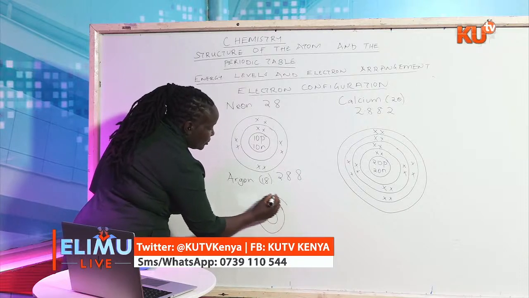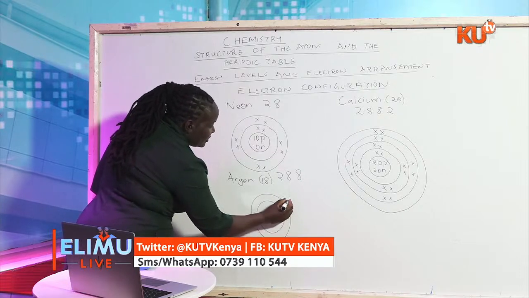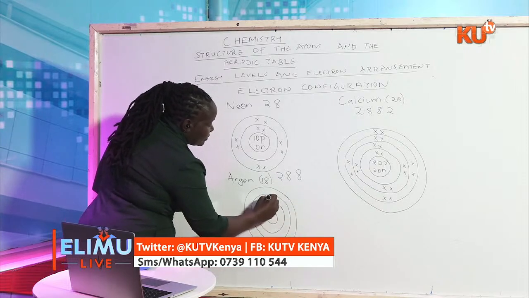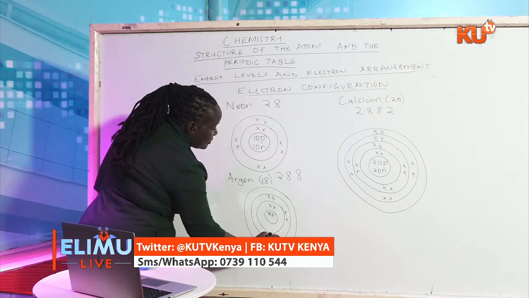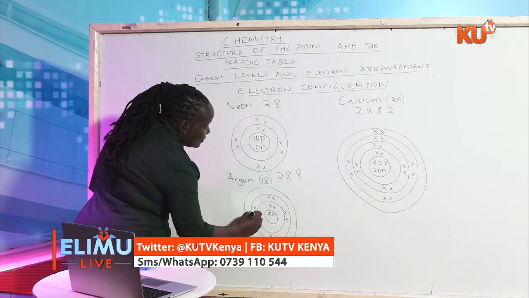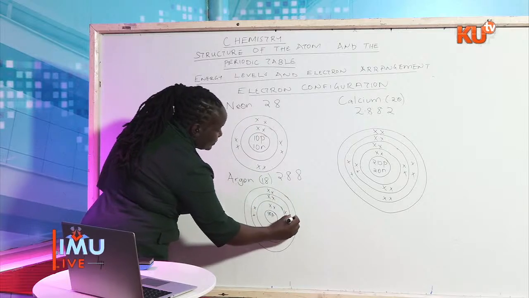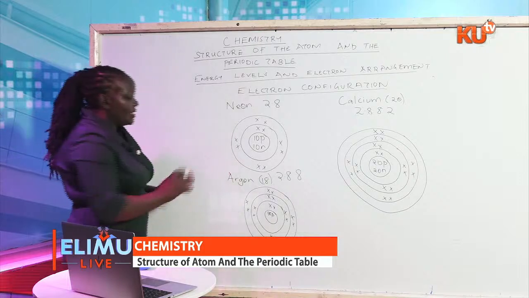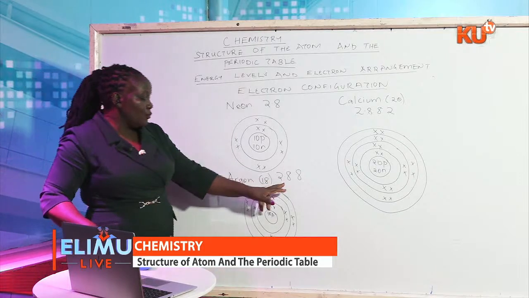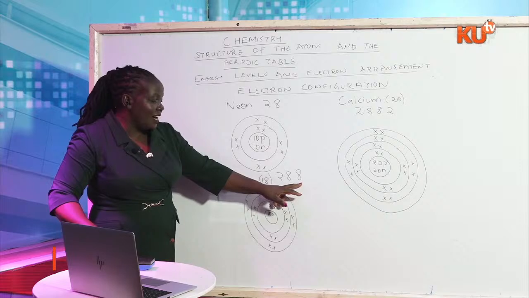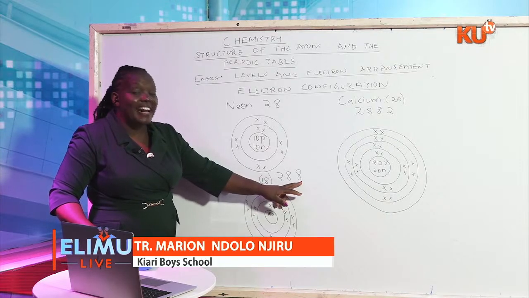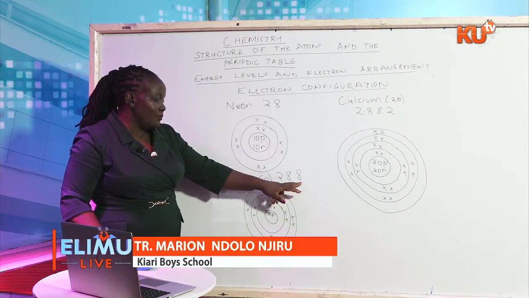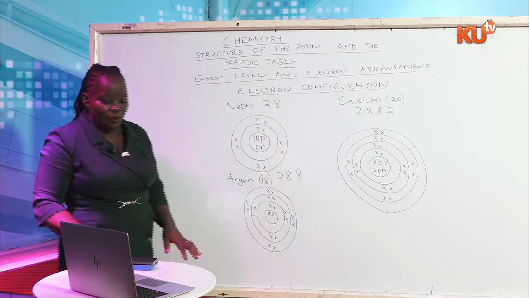It has 3 energy levels. So its structure looks like that. So for argon, the outer energy level has 8 electrons, meaning that that energy level is completely filled up with electrons.